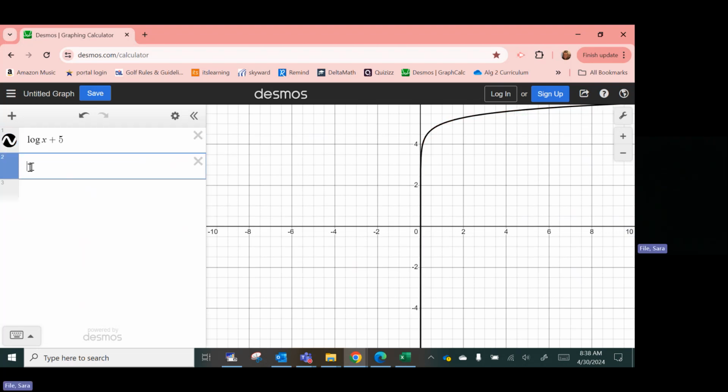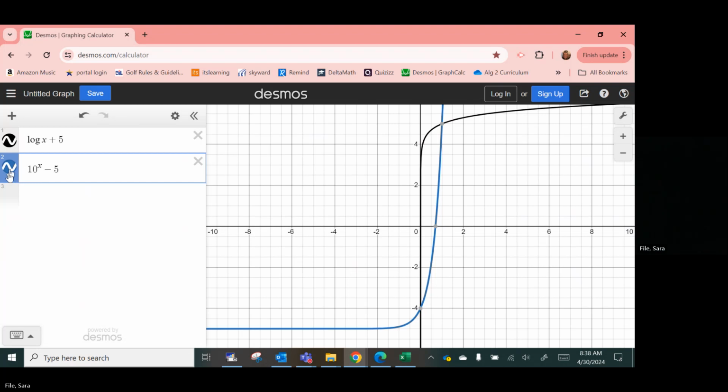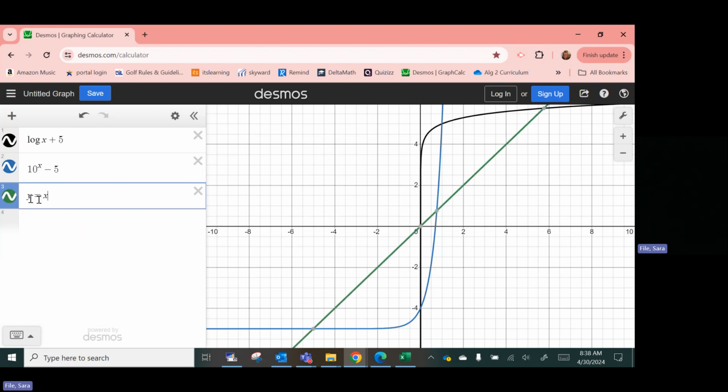And then the inverse we said was 10 to the power of x minus 5. Oh, I did do that in blue. And then if you want to write that line, y equals x, you literally just type in y equals x. And you can make it whatever color you want, and you can make it dashed or dotted.